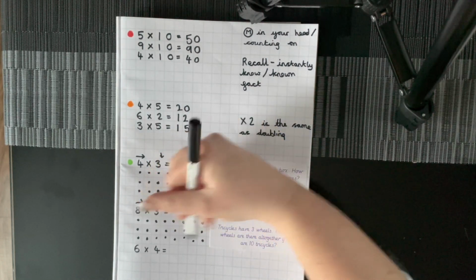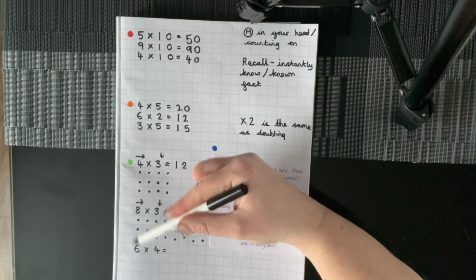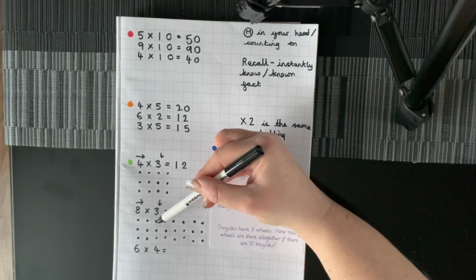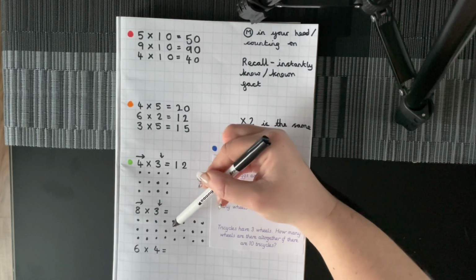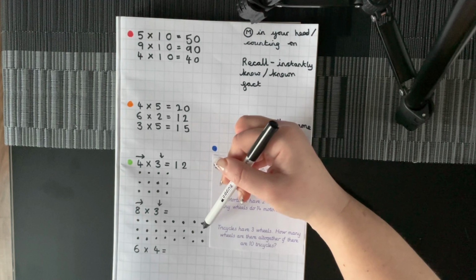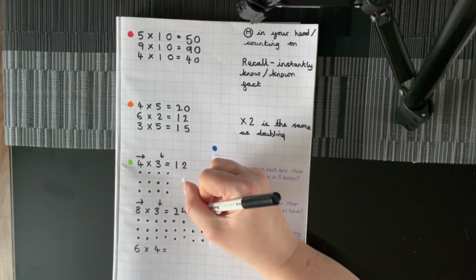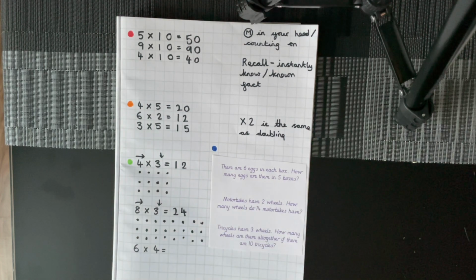And notice how this one's trying to keep it in a nice straight line, so that we don't get muddled up. So 3, 4, 5, 6, 7, 8, 9, 10, 11, 12, 13, 14, 15, 16, 17, 18, 19, 20, 21, 22, 23, 24. And then I would carry on.